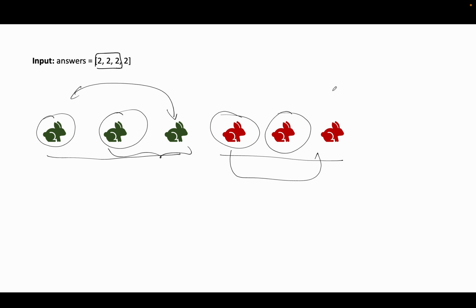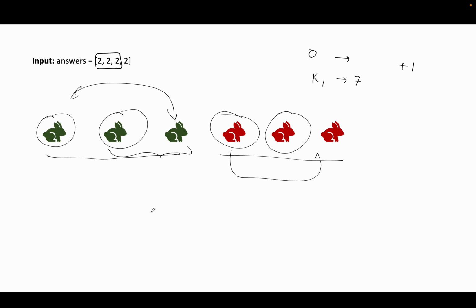So what is the general approach? When we encounter 0, just increment 1 to the result. And for any other unique value, let's say the value is k, it can be 1, 2, 3, 4, any value, and its count is, let's say, 7.